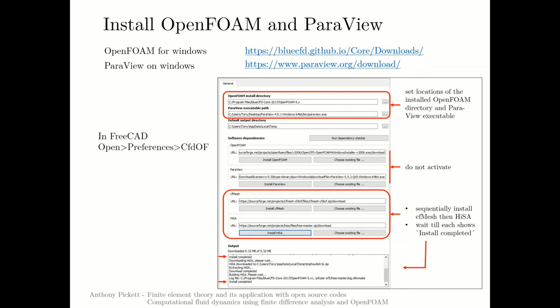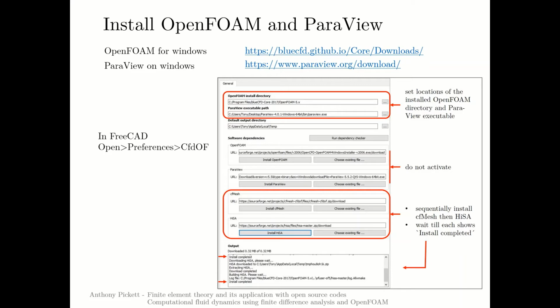I have tried this and couldn't get it to work. So what I always use is a version of OpenFOAM that will run natively on Windows, and I find this works perfectly well.